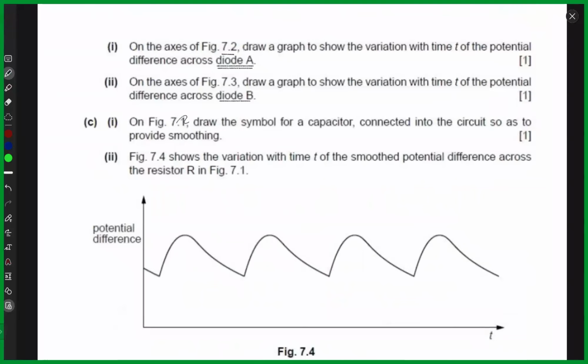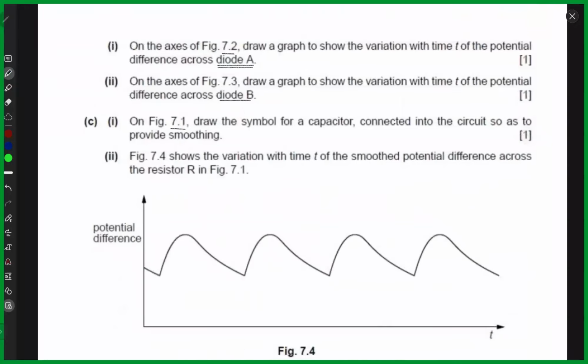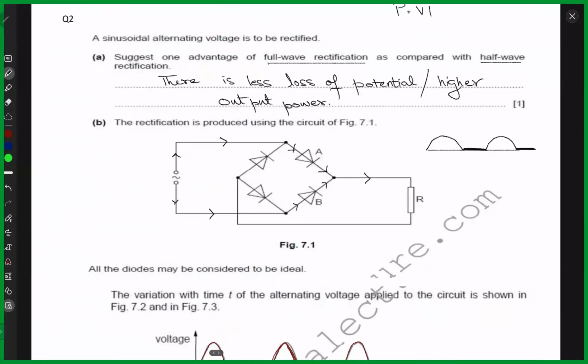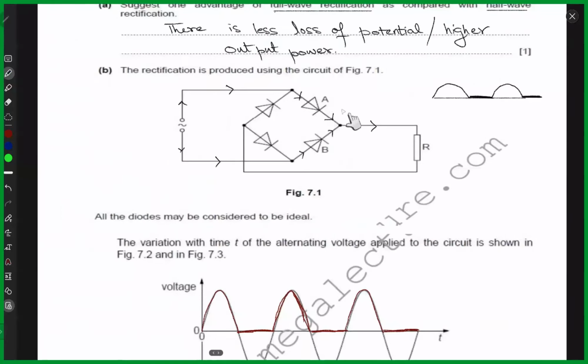Now on figure 7.1, draw the symbol for a capacitor connected into the circuit so as to provide smoothing. So figure 7.1 is this. Where do I connect the capacitor to provide smoothing?